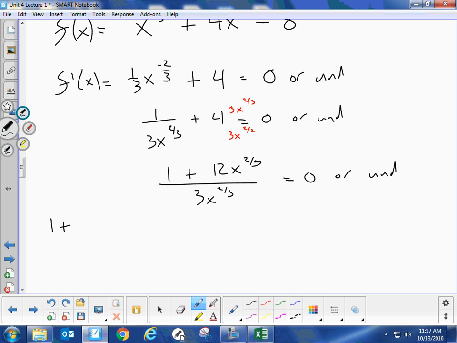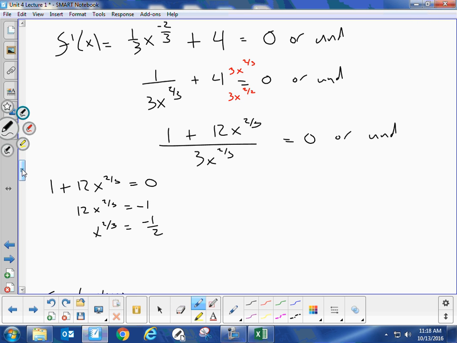Now I can set the top equal to 0 and solve. Now how do I solve this? I will subtract 1, divide by 12, and then take both sides to what power to solve for x?